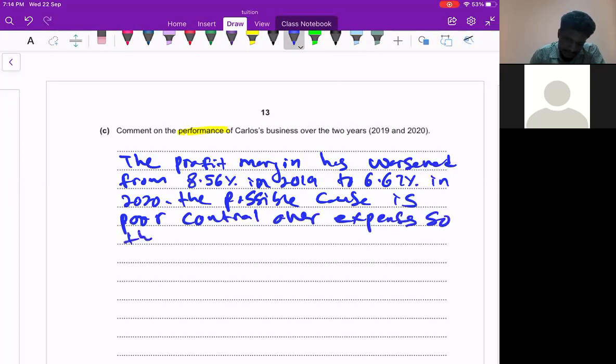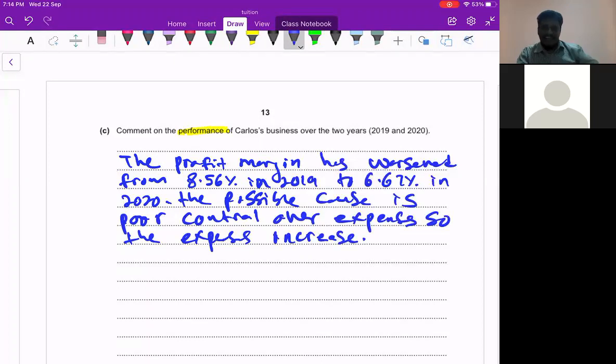So the expenses increased. Okay, but if you directly say expenses increase also, you get the marks. But if you just explain a little bit, it shows that you're a very good student. The possible cause is poor control over the expenses, so the expenses increase. You get 2 marks for this.